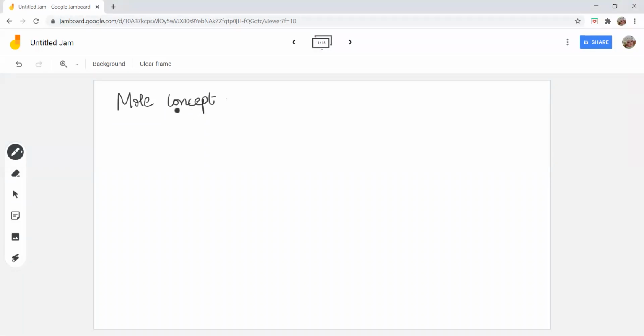What is mole? That is the first thing that we have to understand. We know that 1 mole is equal to 6.023 into 10 power 23 particles. Hope you all know this, correct?